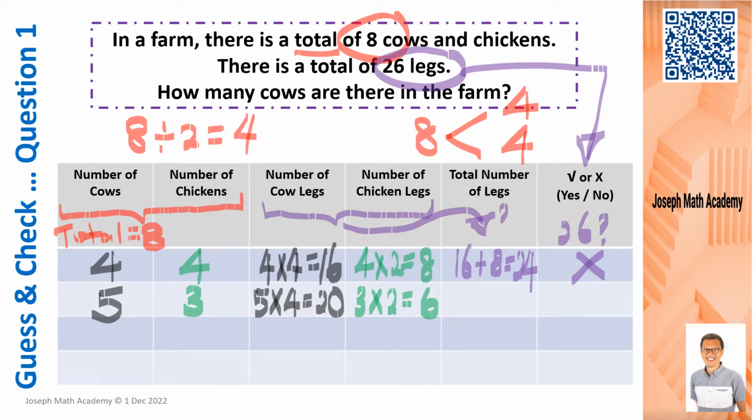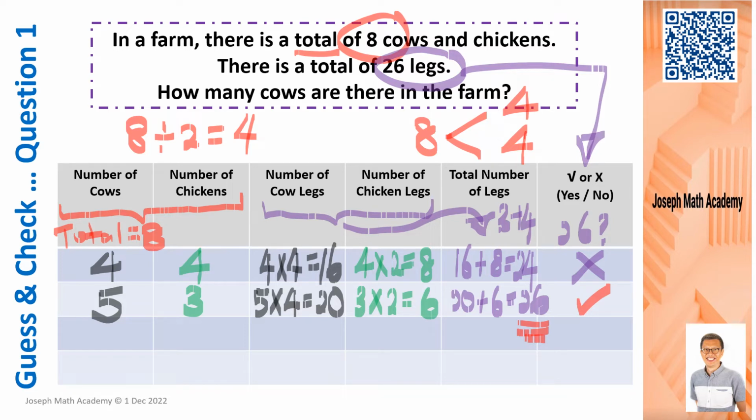Column 3 is 20, column 4 is 6. 20 plus 6 is 26. And hooray, we got this value 26, which fulfills our condition. So there is a total of 26 legs, which is proven true. This is only possible if there are 5 cows and 3 chickens in the farm.